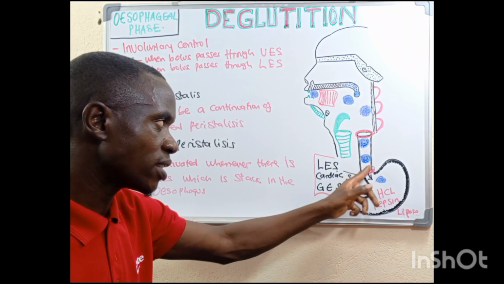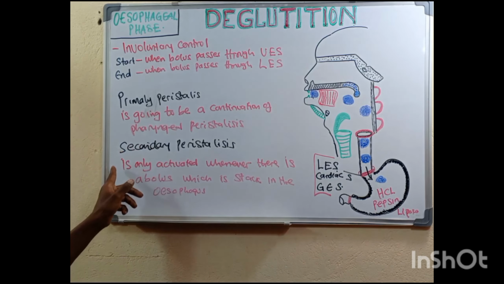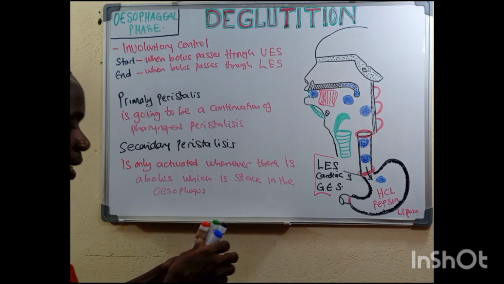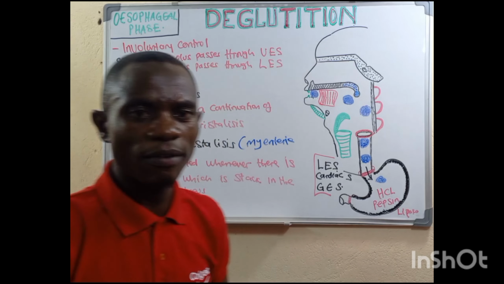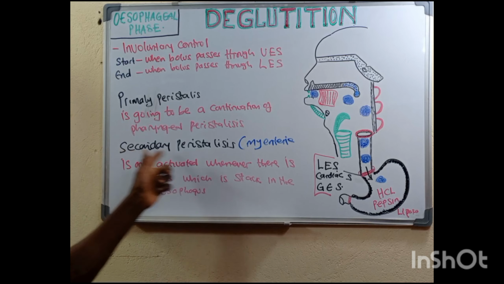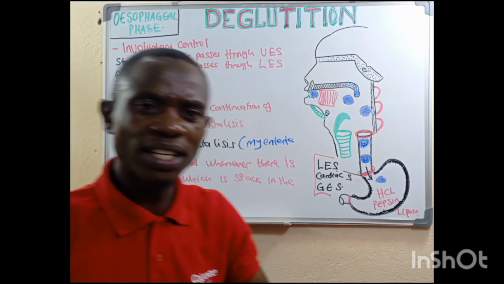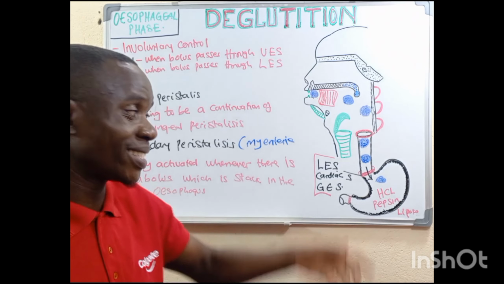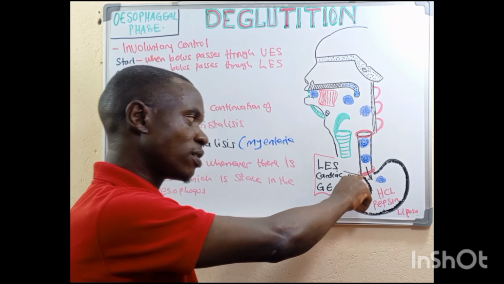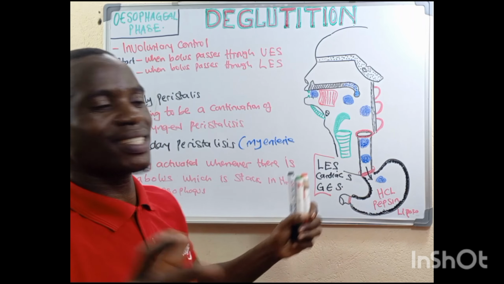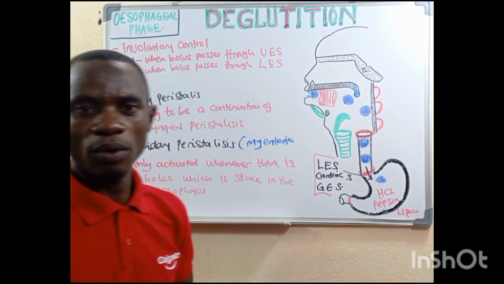When the bolus gets stuck in the esophagus, we're going to be activating the myenteric plexus, and this myenteric plexus is going to be making a strong wave of contraction, which we are calling the secondary peristalsis, to move the bolus which is stuck in the esophagus down into the stomach. As the bolus reaches the sphincter, this sphincter is going to be relaxing, and then it moves into the stomach.